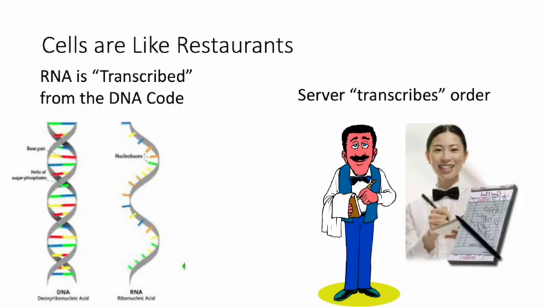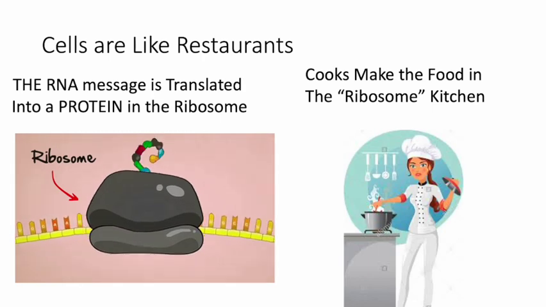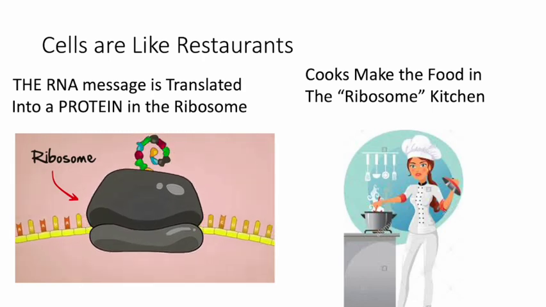Also, like in a restaurant, RNA is transcribed from the DNA code in the same way that a server will transcribe or write down your order onto a ticket. The RNA message is translated into a protein in the ribosome in the same way that the ticket from the server is translated into the final food product in the ribosome kitchen of the restaurant.